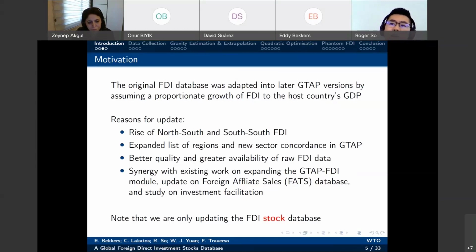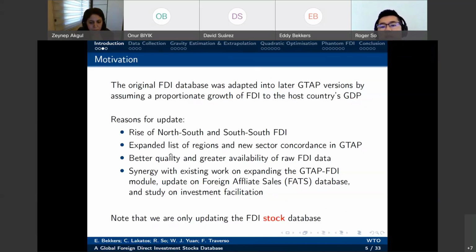In addition, the GTAP databases between different versions are no longer compatible. Since version 10, there are now 141 regions, up from 113. And the GTAP sectors had gone through a complete overhaul so as to be consistent with the new ISIC revision 4. Then there's the update on the FDI reporting standard, meaning that the quality of FDI data has also improved.